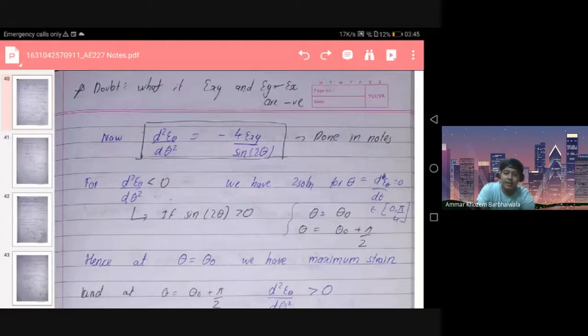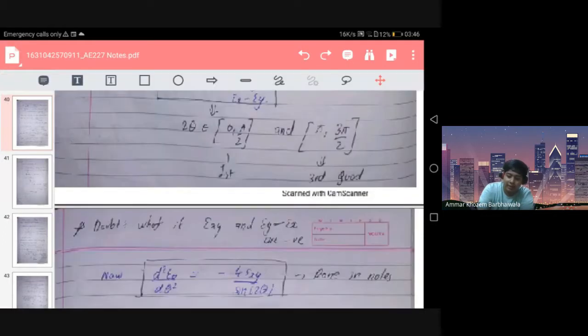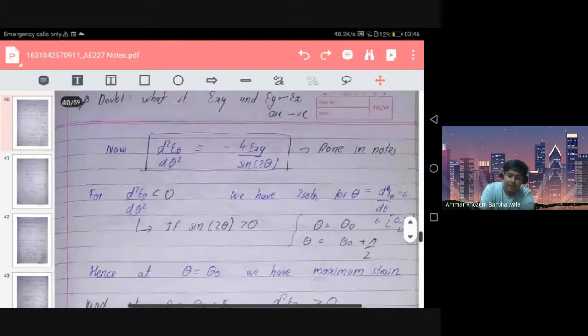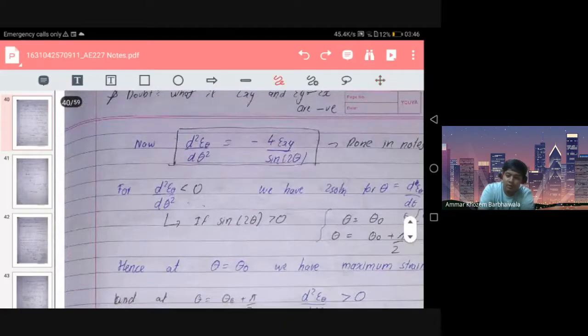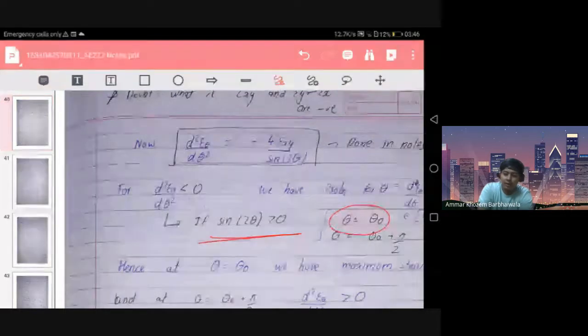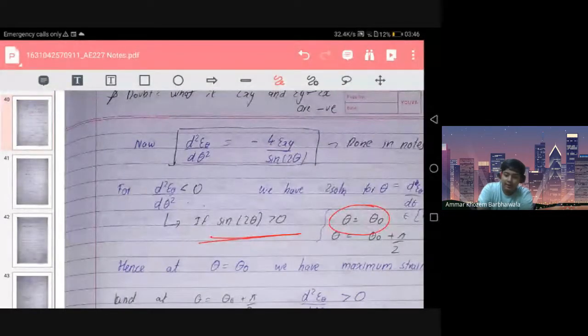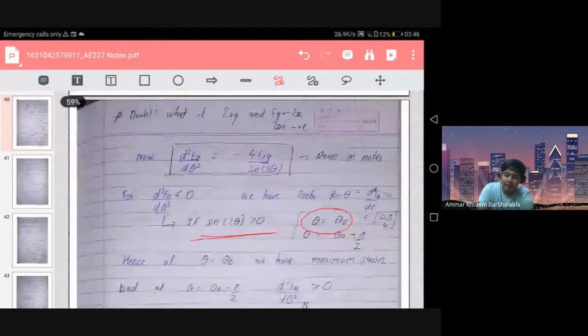If epsilon xy and epsilon x minus epsilon y are positive, then from 0 to pi by 2 there is a theta naught at which this equation is satisfied, and at that point I would have a maximum strain value. So I'll try to annotate here. At theta equals theta naught, I would have a maximum value, and at another coordinate, I would have a minimum value.